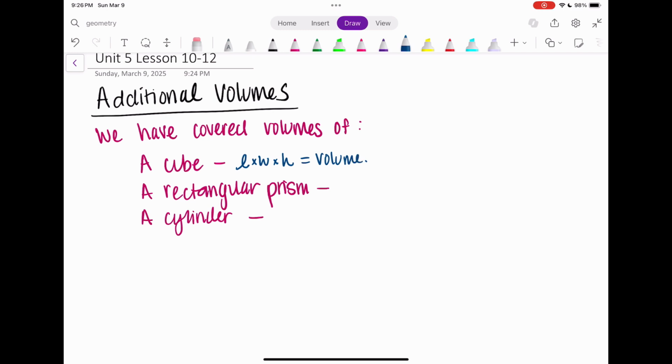Our rectangular prism should also be length times width times height for its volume. And lastly, a cylinder is going to be pi r squared times height is equal to volume.